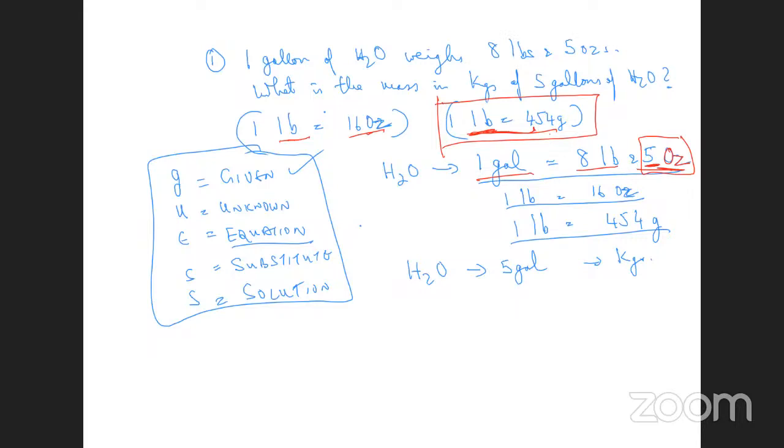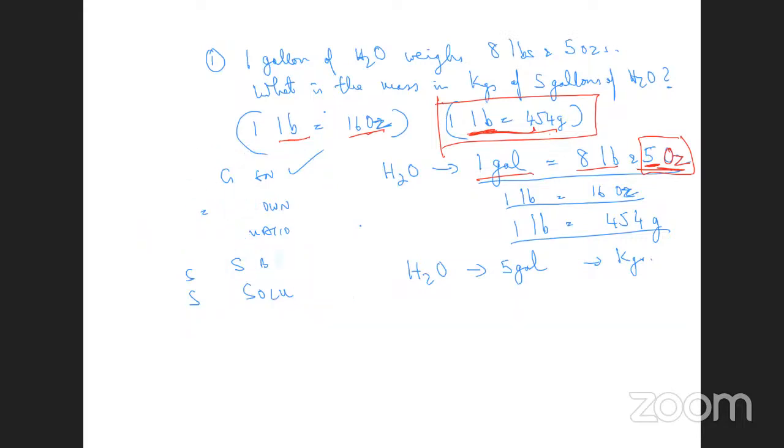Okay. So we have enough space. Keep those givens and unknowns we got. Now the equation. The equation is just dimensional analysis. So the first step is to convert these 5 ounces to pounds.